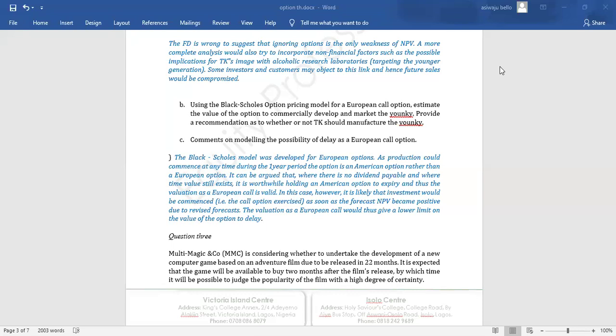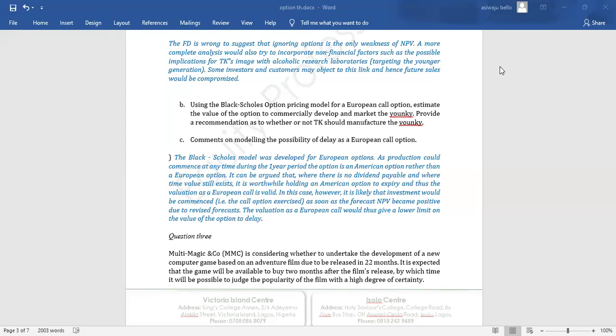That is, investment appraisal techniques. There are different techniques that can be used to evaluate investment projects. We have the traditional method.